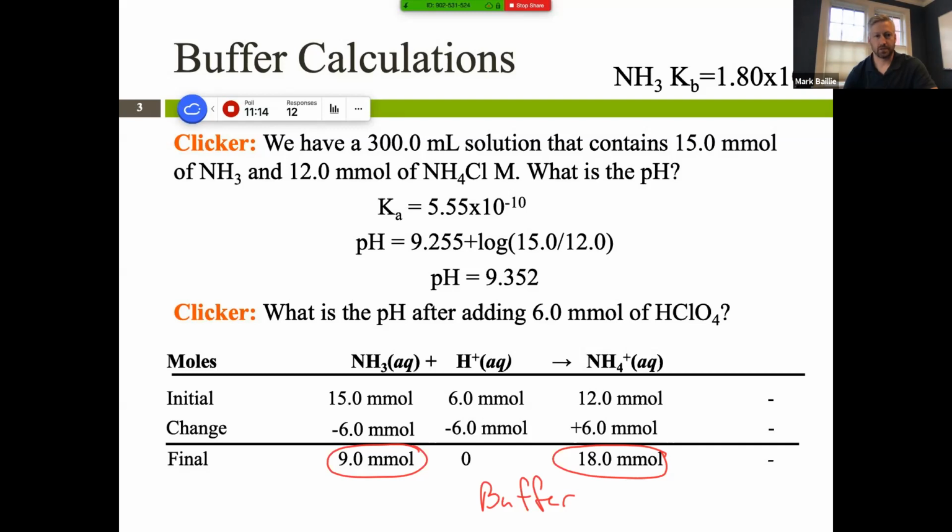So you probably saw in your homework and the post quiz that sometimes when we do this, we're actually going to run out of the weak thing first. So if 15 had been less than 6, we would have used up all of our weak base and had extra strong acid left.